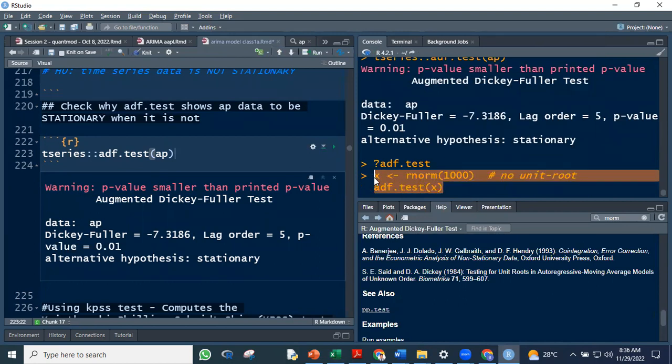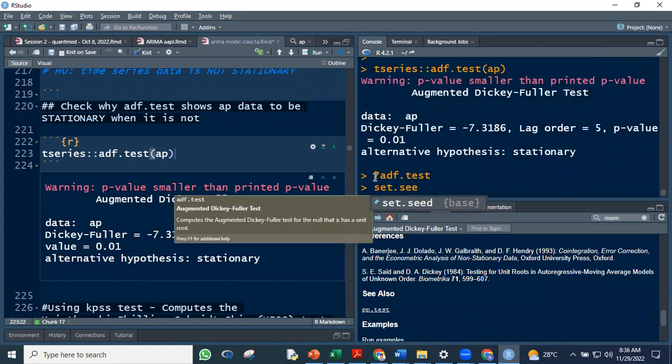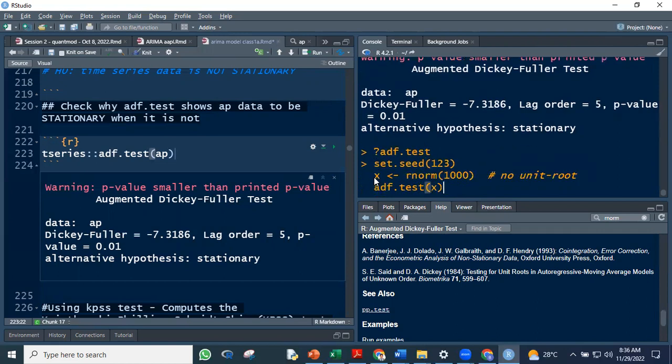Let me set the seed so that we all have the same values. Set seed 1, 2, 3, and then X is rnorm 1,000, and then we test X with the ADF test.